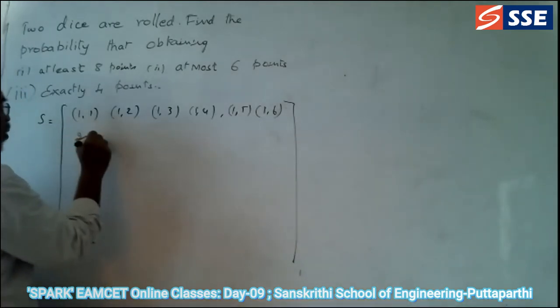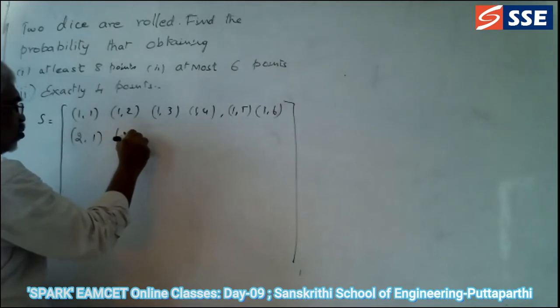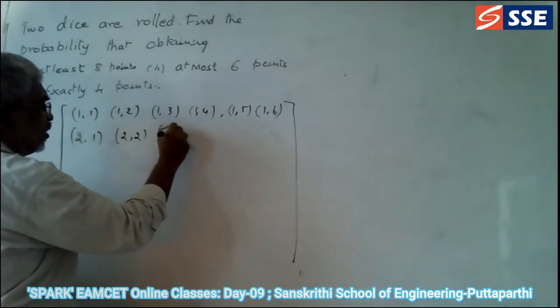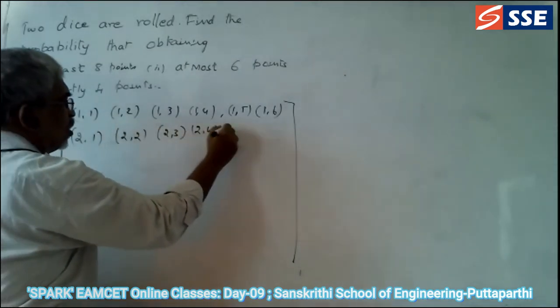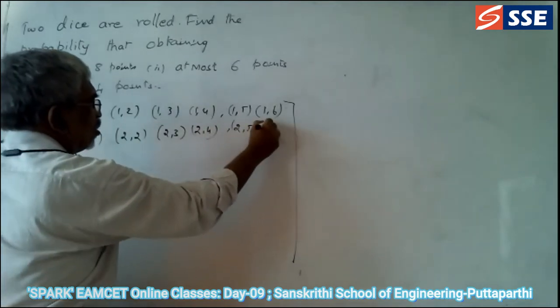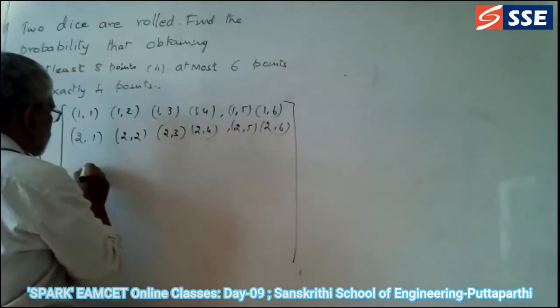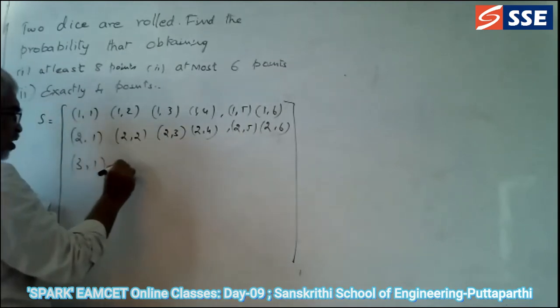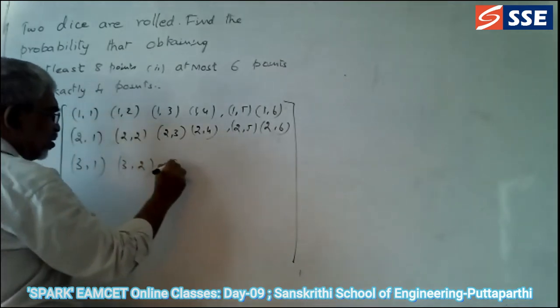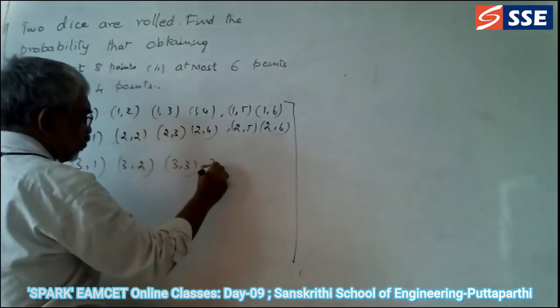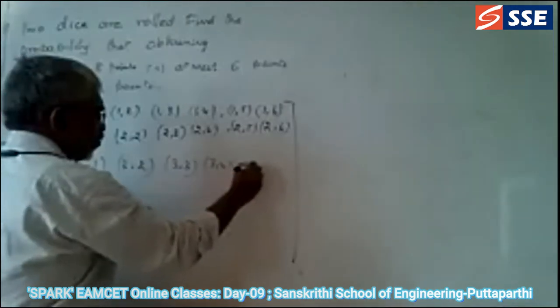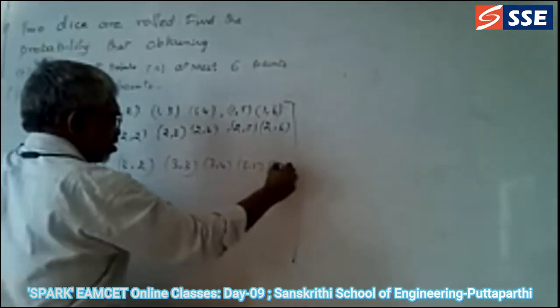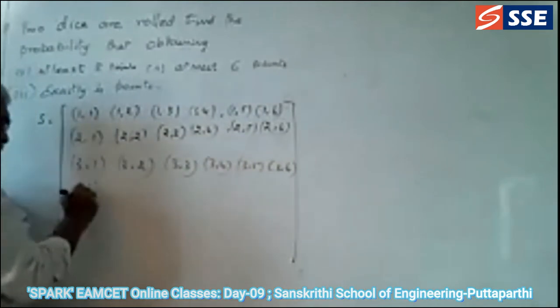So 2,1, 2,2, 2,3, 2,4, 2,5, 2,6. Now 3,1, 3,2, 3,3, 3,4, 3,5, 3,6, 4,1.